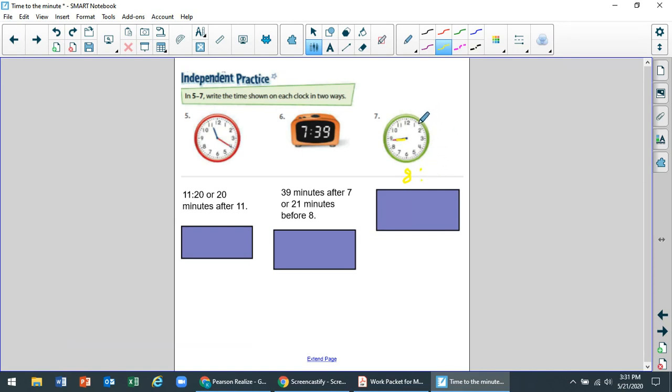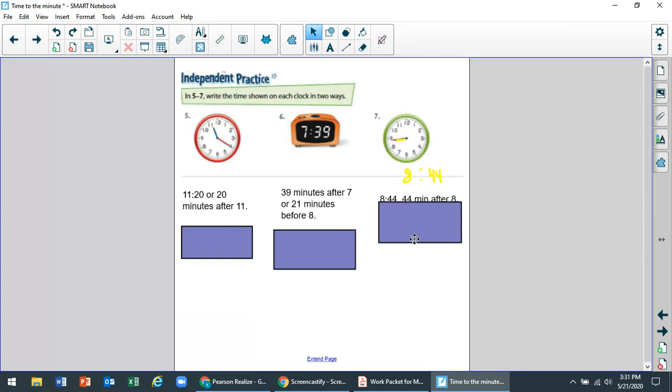And then you count your minutes. 5, 10, 15, 20, 25, 30, 35, 40, 41, 42, 43, 44. It looks like it might be 8:44. Let's see if we're correct. It is 44 minutes after 8.